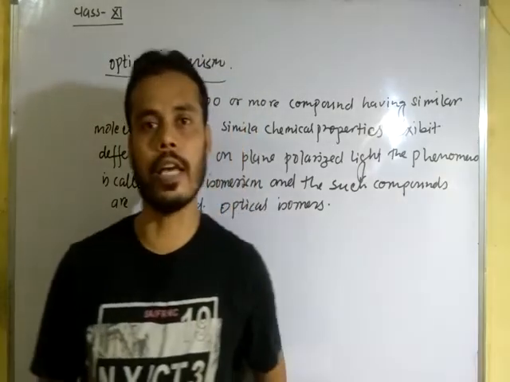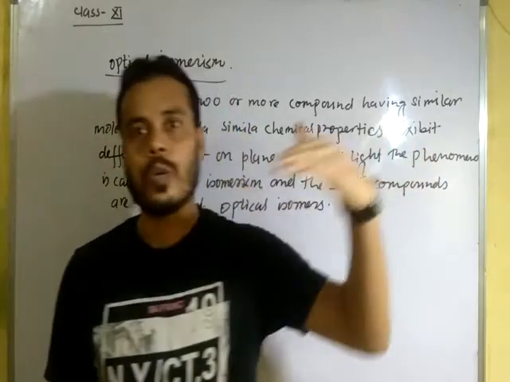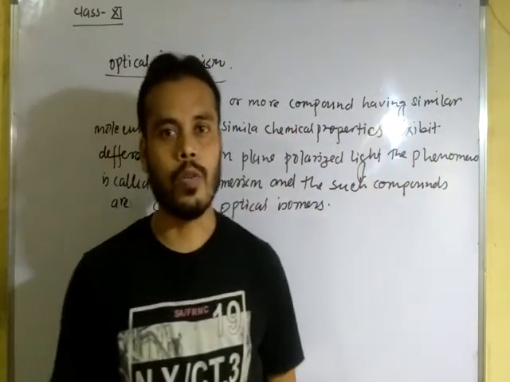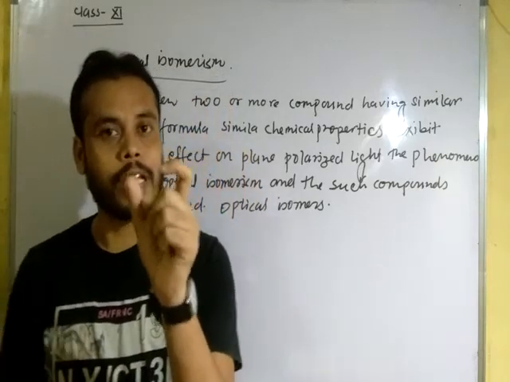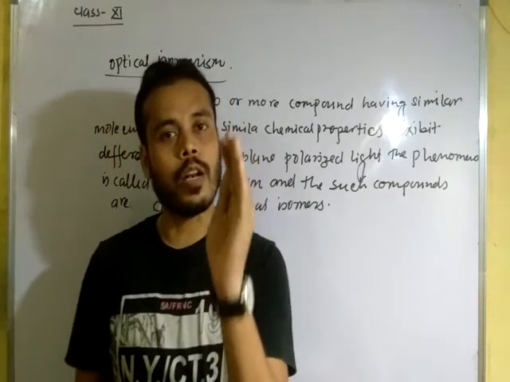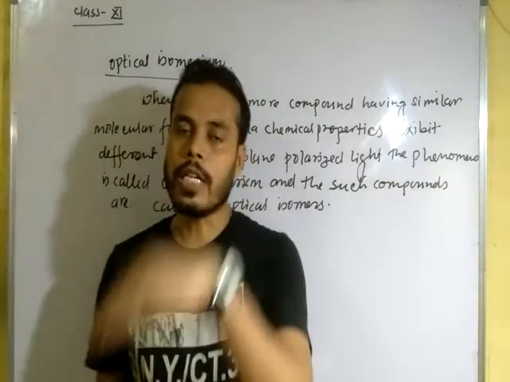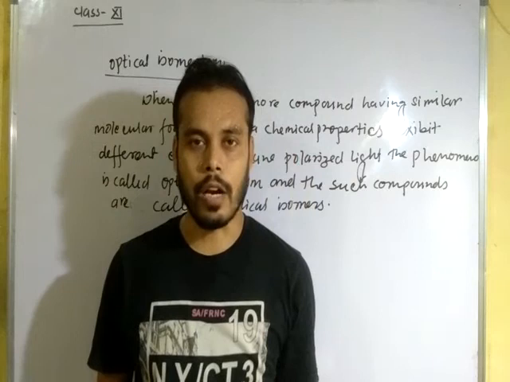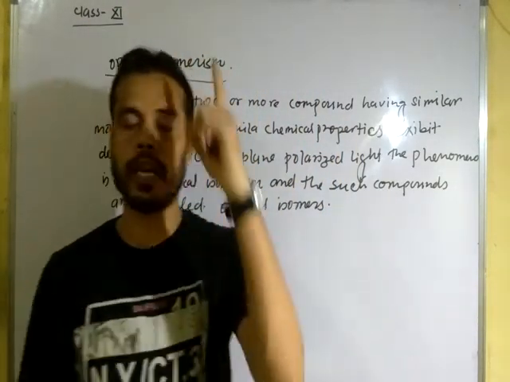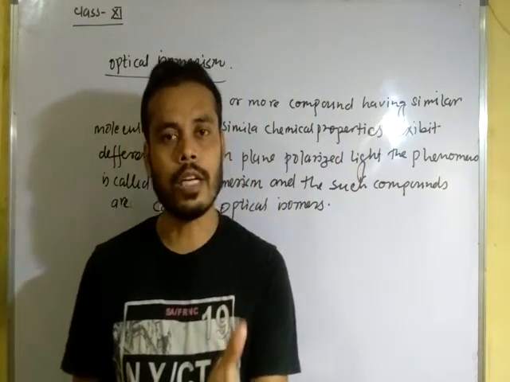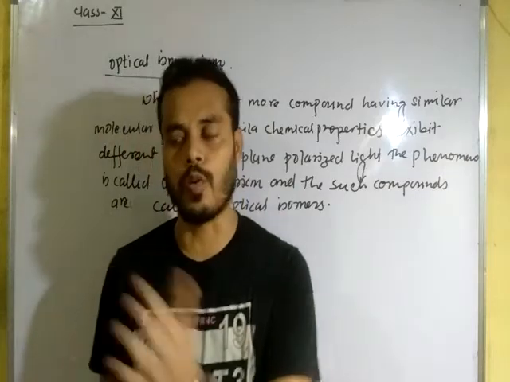We have already seen that when plane polarized light passes through a compound, if it is optically active, it can rotate the light clockwise or anti-clockwise. If it rotates clockwise, it is dextrorotatory. If it rotates anti-clockwise, it is levorotatory.